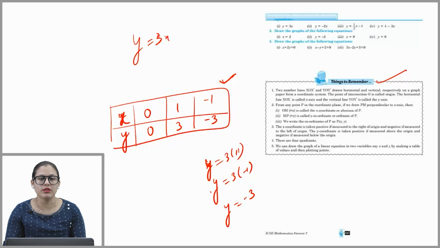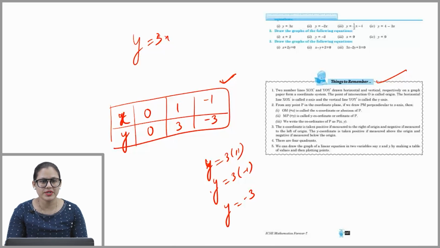From any point P in the coordinate plane, if we draw PM perpendicular to the x-axis, then OM is called the x-coordinate or abscissa of P, MP is called the y-coordinate or ordinate of P, and we write the coordinates of P as P(x, y). 3. The x-coordinate is taken positive if measured to the right of the origin and negative if measured to the left of the origin. The y-coordinate is taken positive if measured above the origin and negative if measured below the origin.